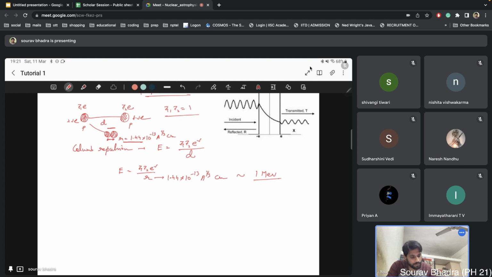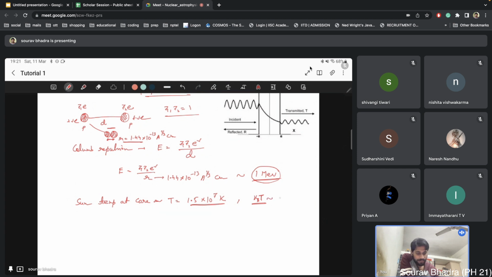Okay. Now, this 1 MeV energy is required, but at the sun, we are considering the sun, the temperature at the core is roughly 1.5 times 10 to the power 7 K. And I told you at first that if there is a temperature, then there will be thermal energy associated with it, that is kBT, where kB is the Boltzmann constant and T is the temperature.